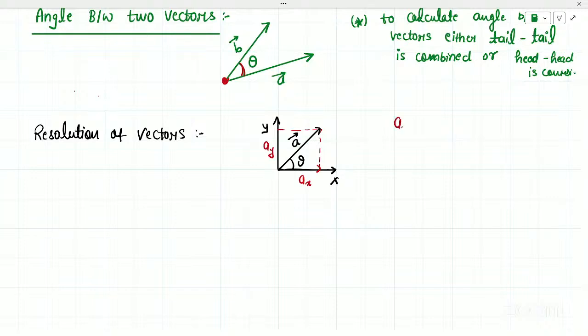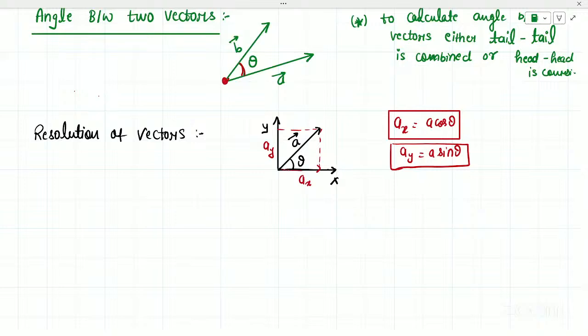We can write that ax is nothing but A cos theta, and ay is nothing but A sine theta. Now, there is a direct trick to remember which one has to be taken as cos theta and which one as sine theta. Always remember that from whichever axis the angle is measured, along that axis the component of the vector will always be cos theta.